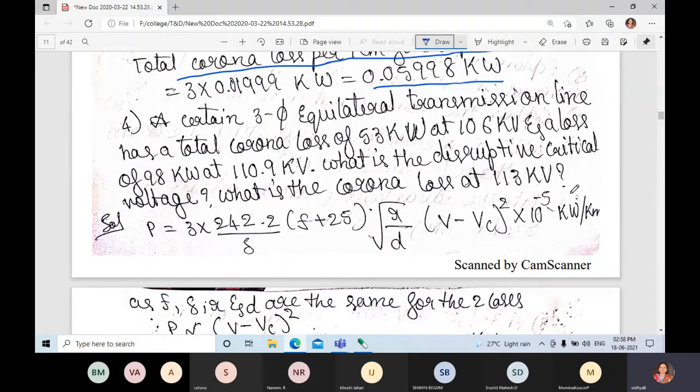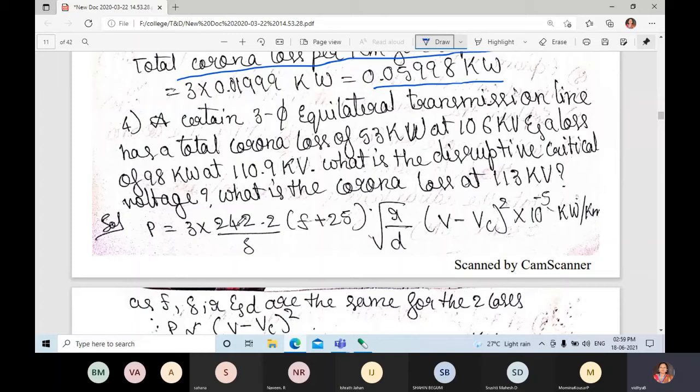If total corona loss is 53 kilowatt at 106 kV and 98 kilowatt at 110.9 kV, we need to find out the corona loss at 113 kV.